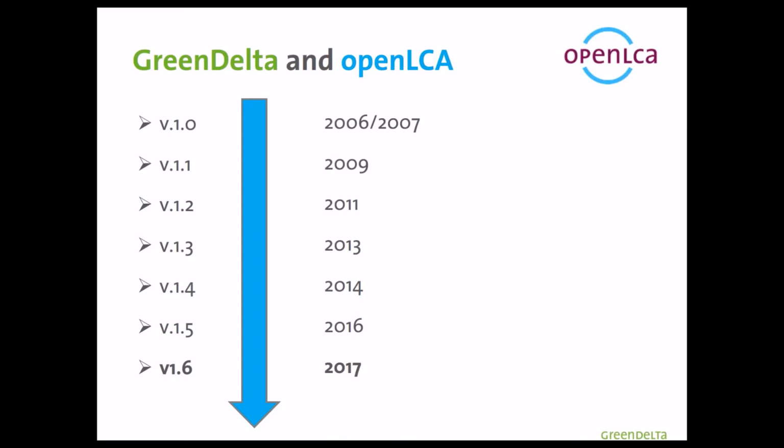It has evolved quite a lot over the past 10 years and offers basically all functionalities that you would expect from a professional LCA software, plus it has some unique features that other LCA software does not necessarily have. So we are at the point now where we are really happy with the software, but we still keep improving it constantly and implementing new features that we think are useful, such as the ones that I will present now.